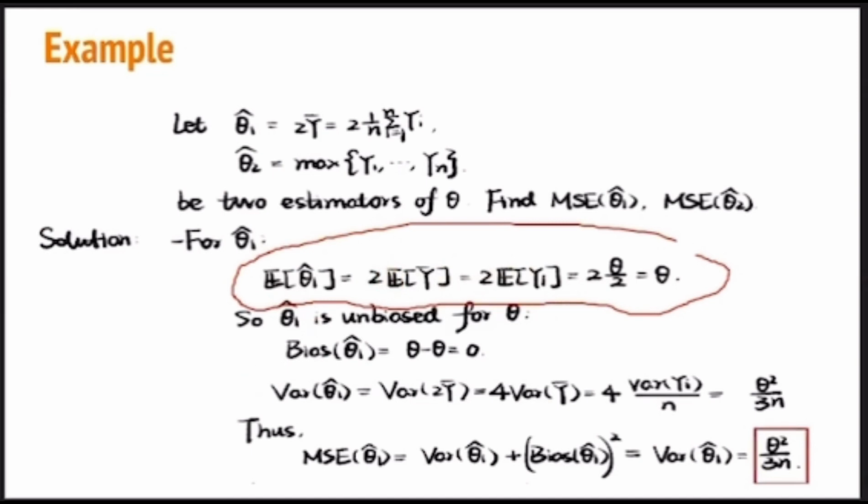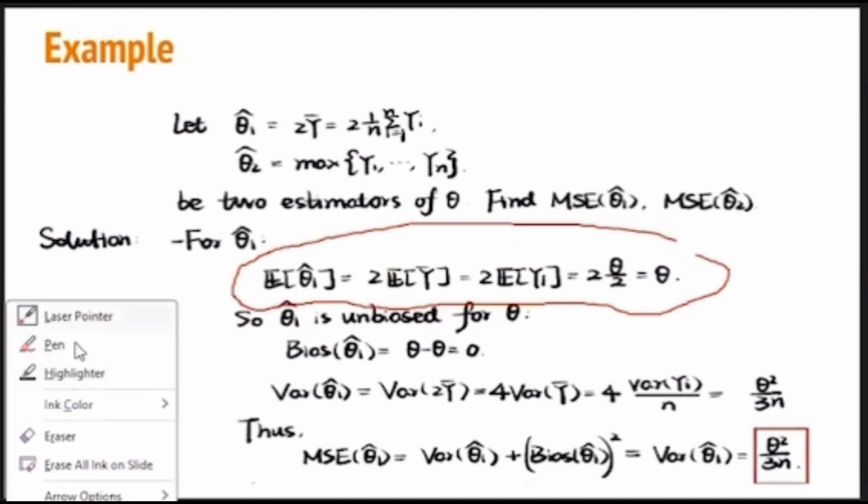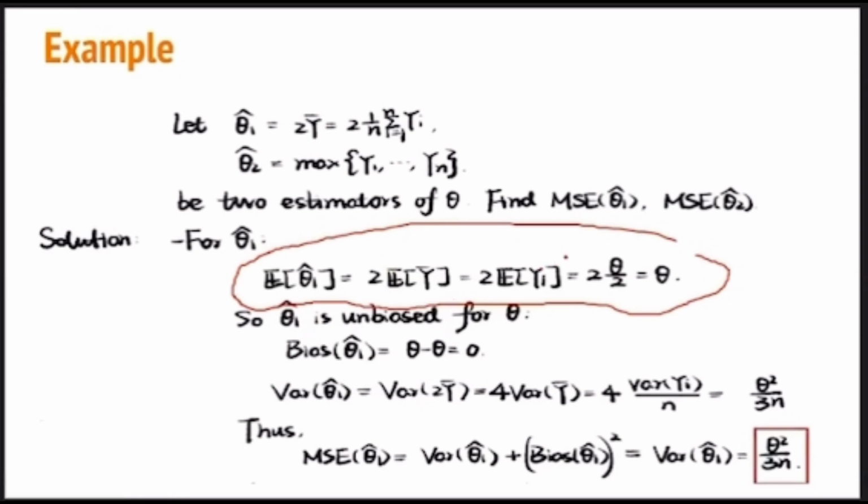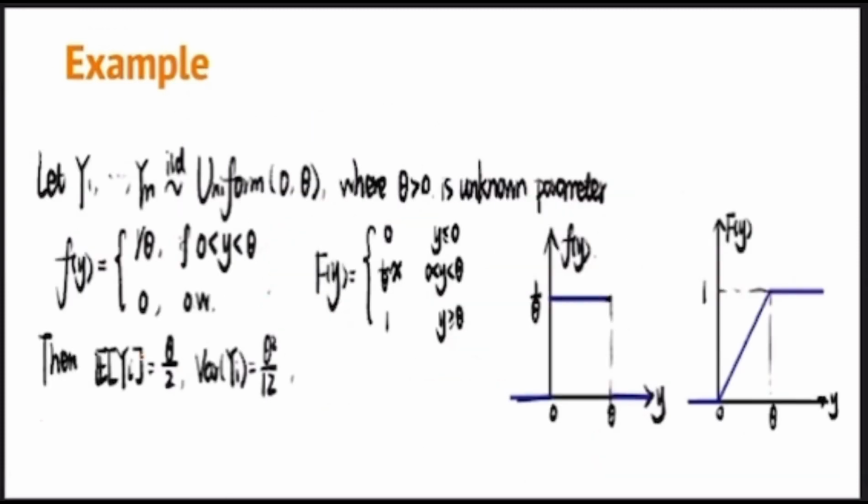Now, you go back to the distribution. What is the expected value of y of the underlying distribution? You already know that. They say the expected value of y is theta over 2.